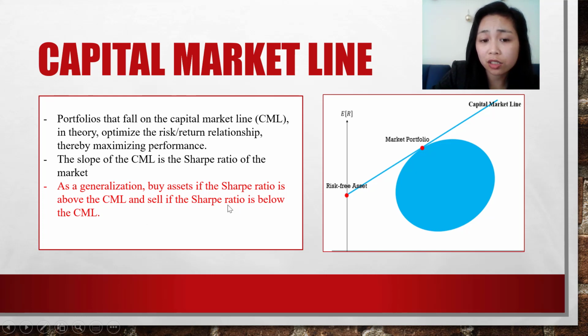Because the Sharpe ratio of the market is the slope of the capital market line. So if the Sharpe ratio of the asset is greater than the Sharpe ratio of the market, we buy it. Otherwise, we sell it. The slope of the line represents how steep the line is.